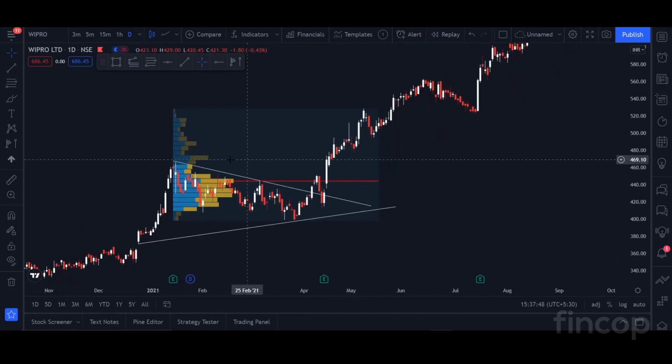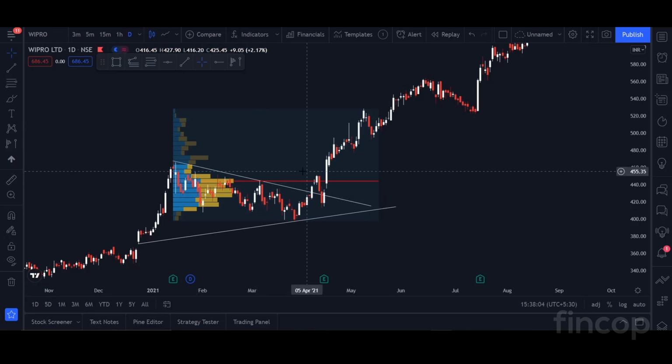So for example, when the trend line is broken and for instance you take a trade in here, there are very few chances that the stock might go up. But if it breaks the volume profile range, there are chances that it will go long.